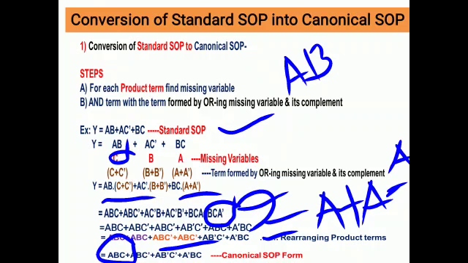In this AB, C is missing. So you have to multiply or AND with C plus C bar. And now do the further steps to get the last equation.